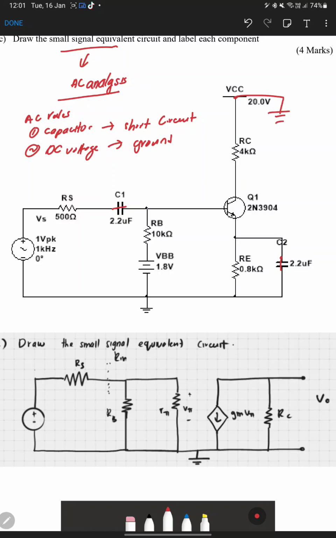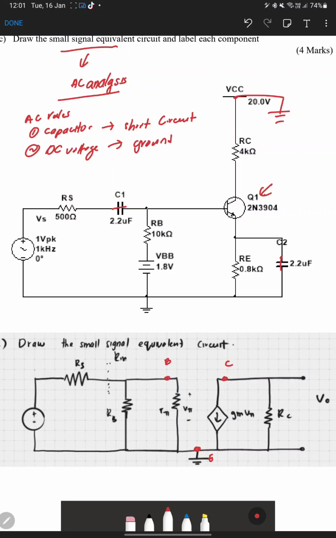So we need to redraw our circuit as a small signal AC circuit. I suggest you start from the transistor, the BJT. The BJT has 3 legs: base, emitter, and collector.